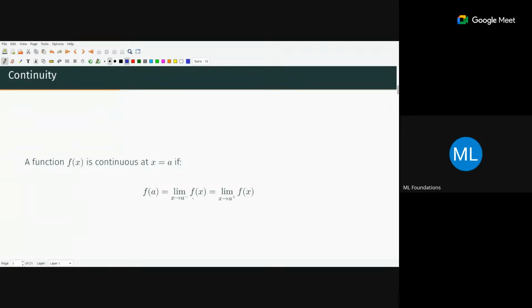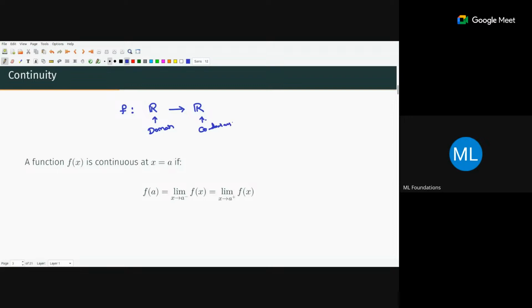Continuity is connected to a function. A function is said to be continuous at some point x equals a. When I say function, this is what I mean. The representation of a function is like this: f is a mapping from one set to another set, where the first set is called the domain, and the elements present in the domain will be mapped to another set which is called the codomain.